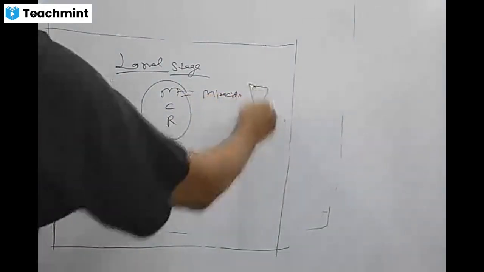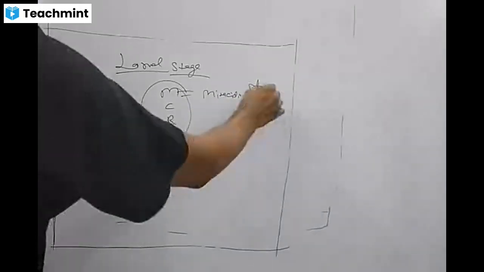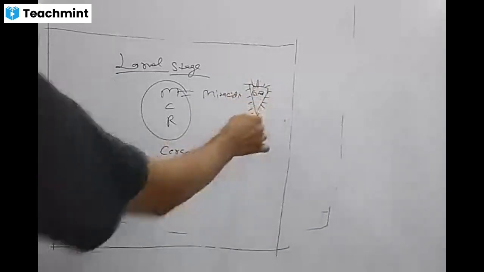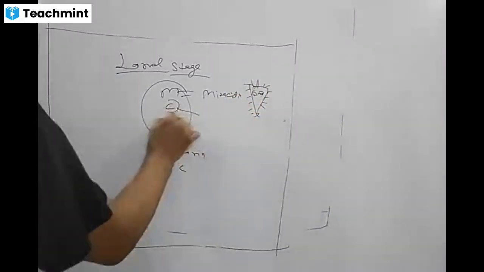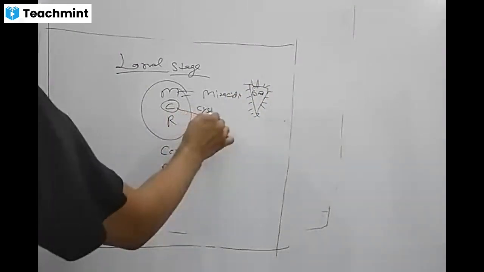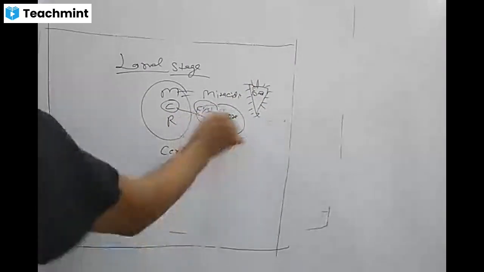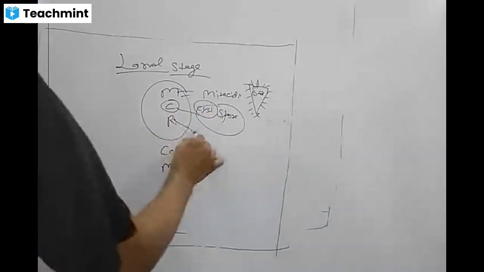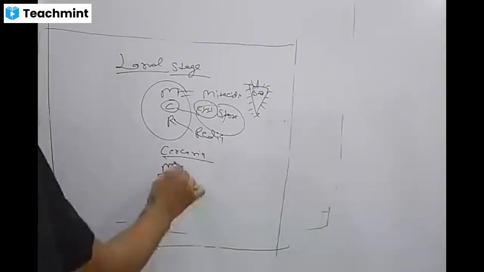Miracidium is the structure which has an eye spot and cilia around its body. Then this C stands for cyst, a cyst which contains spores, so we call it sporocyst. And R for redia. And then Cercaria and Metacercaria.